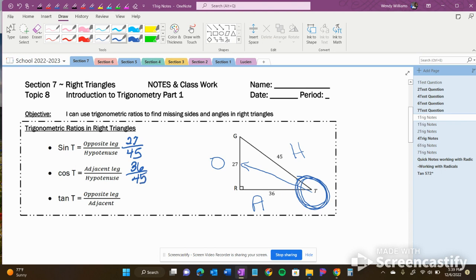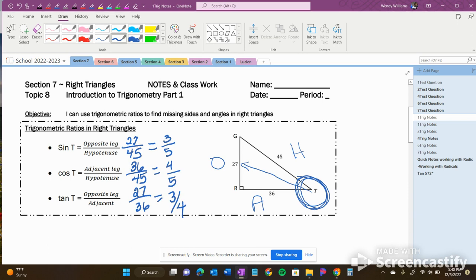That is cosine. And tangent is the opposite leg, 27 over the adjacent leg, which is 36. And again, all of these numbers could be reduced very easily by 9. And we get 3 over 5, 4 over 5, and 3 over 4.